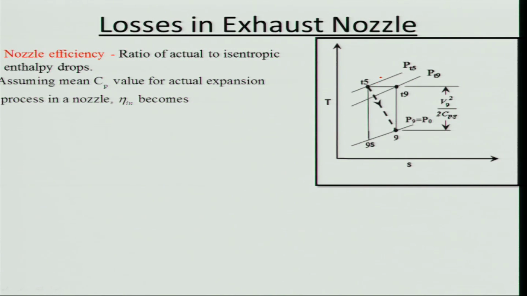If the afterburner is there, then 5 to 7 is the afterburner and then 7, 8, 9. So, it is either T7 or T5, both are the same, but I am considering PT5. Then actual expansion will be from PT5 to P9, whereas the isentropic expansion will be PT5 to P9s, with T9s. The pressure remains the same, P9 is equal to P0, that we are considering.